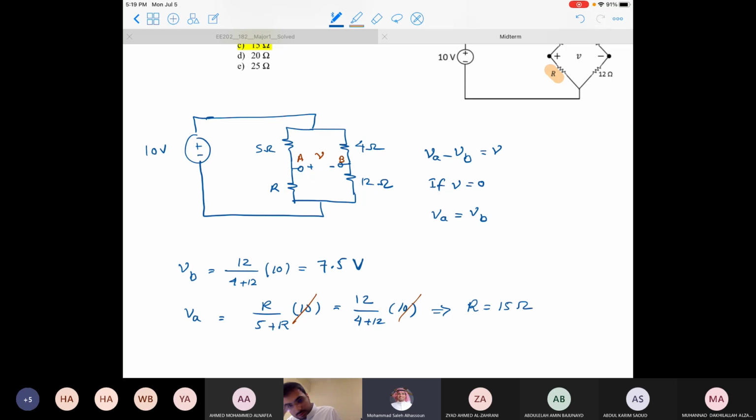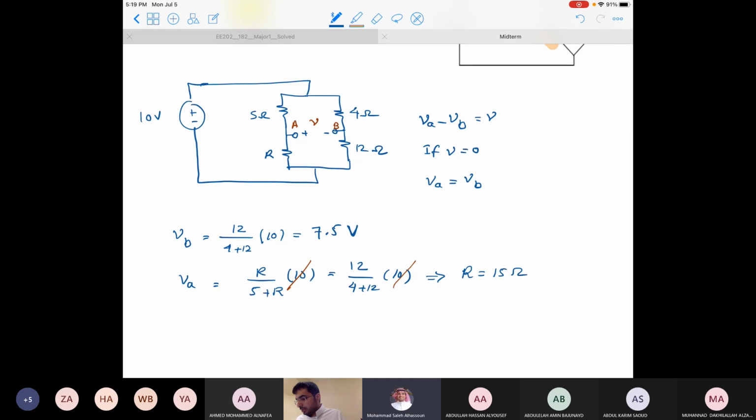Doctor, how can we use the voltage divider? We must have the voltage source in series with the resistor. Okay. In this case, what's the voltage here? Let me use the 10 like the voltage source. Yes.